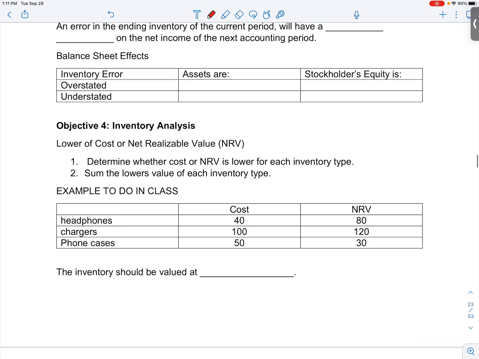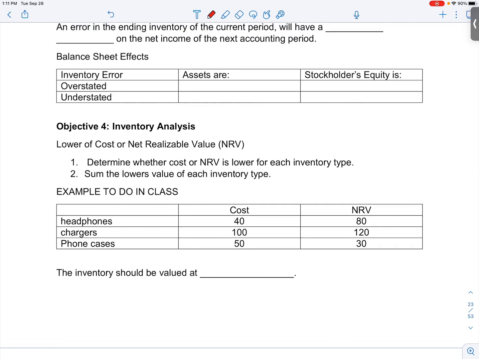And the last concept we want to go through is a concept called net realizable value, or lower of cost or market. What this is saying is that we can record that net realizable value on our books by looking at which one is lower, cost or net realizable value.